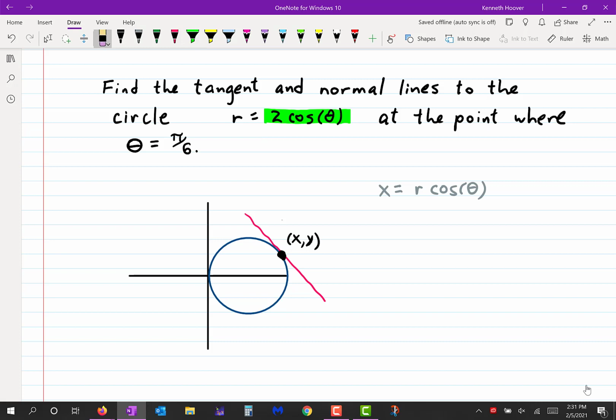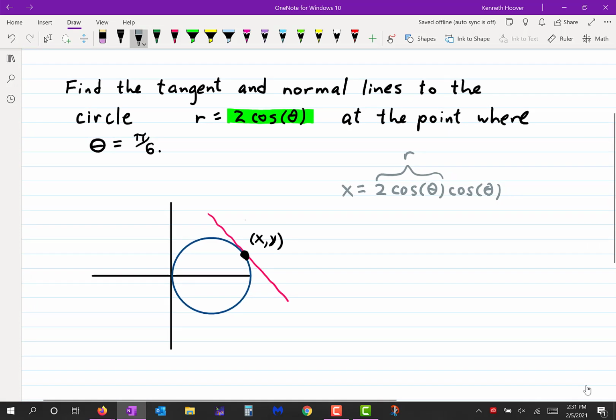So that means that x is going to be 2 cosine theta times cosine theta. Okay, because this is r right here. So x equals 2 cosine squared theta.